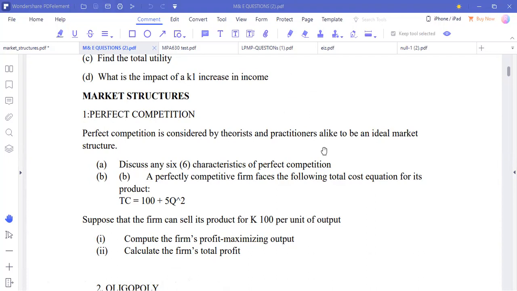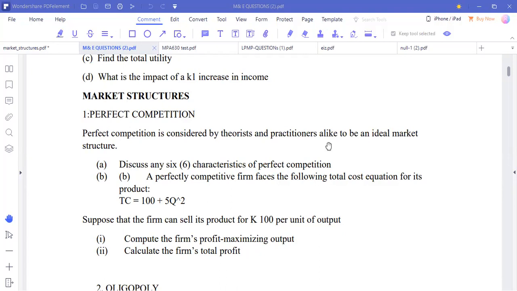Types of goods. What type of goods? The nature of goods in here? Homogeneous, meaning they're identical. Excellent. Homogeneous goods that are identical. What can you tell me about mobility of the factors of production? There's free mobility.